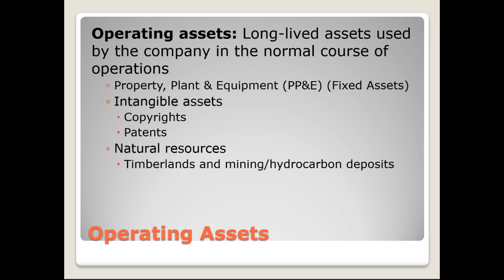Any pharmaceutical company, any engineering company, any high-tech company, patents are very important. So they're very important, they're very valuable, and they're used daily in the operations of a company, but they are intangible. The last group of operating assets are natural resources. These are things like minerals or hydrocarbons like crude oil or natural gas, and even timberlands.